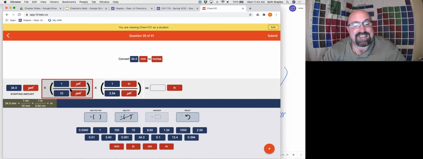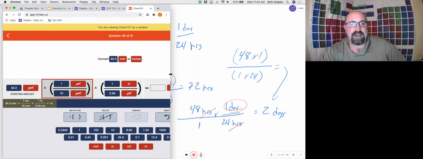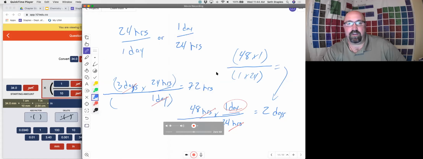You may find it easier with metric conversions as you're starting out to convert back to the base unit first, and that's fine. In that case, you would have converted from millimeters to meters, and then from meters to centimeters. That's okay too. It'll be the same thing either way. But now we see what we have here. Let's just look at what this would look like in the calculator.